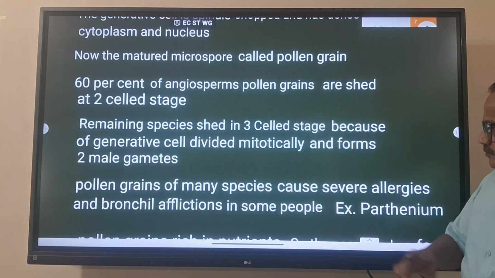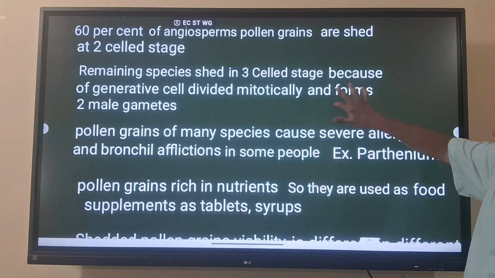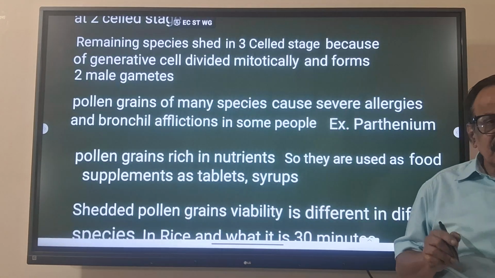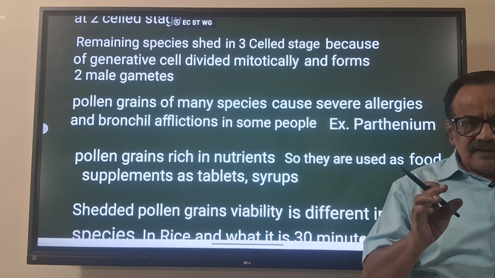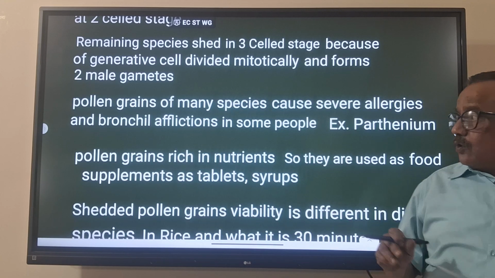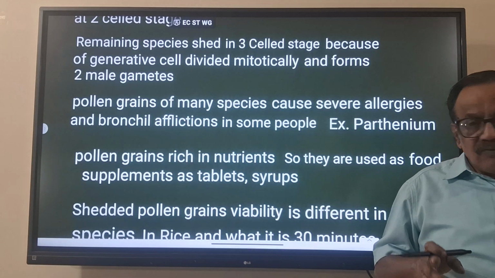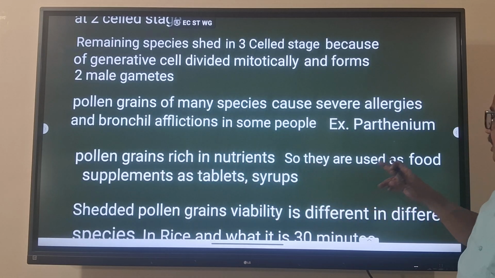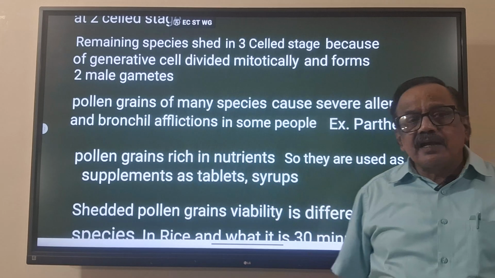Now, one more thing he has given. Already I told you, the vegetative cell is the big cell, rich in nutrients. This is why I am telling you pollen grain is rich in nutrients, so they are used as food supplements.